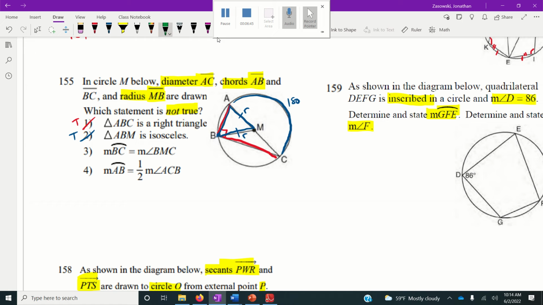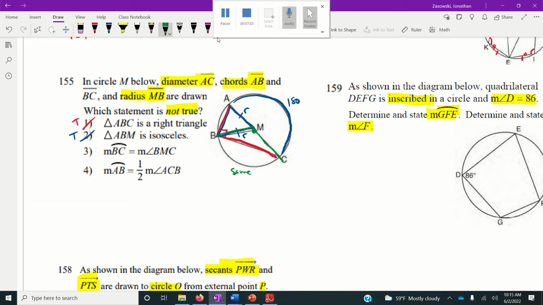All right. For number 3, angle BMC, which is located right here. So let's get rid of this guy. This angle is a central angle. And remember that it is the same as the arc.